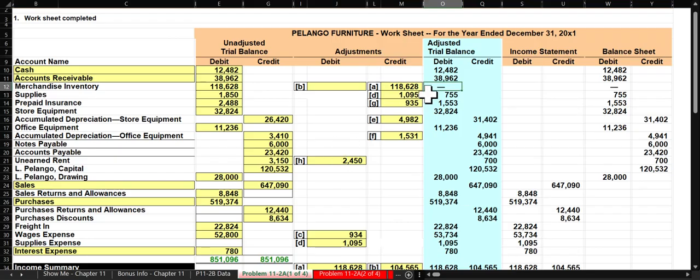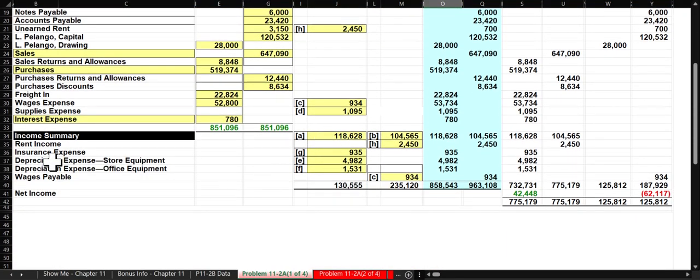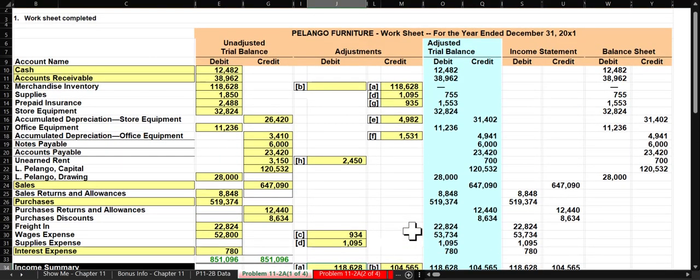That, of course, is not complete because now we need to record. Oh, and so by the way, this would be a credit to our inventory account, and there would be a debit to this special account called income summary. Technically, we don't need it, but I'm not going to deviate from what your textbook does. So we would debit the income summary, which is a temporary account used to facilitate the closing of the inventory, as well as the closing of the books, as you will see in the next chapter.